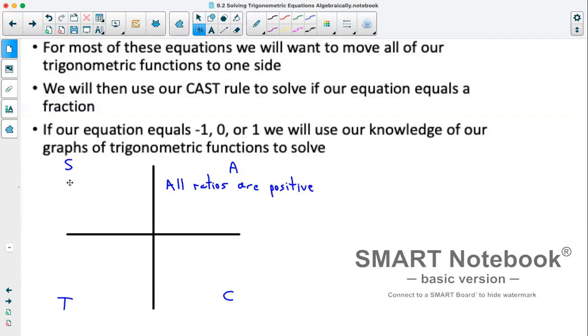In this one, that's S, sine is positive. This one for T, tangent is positive. And this one, cosine is positive.